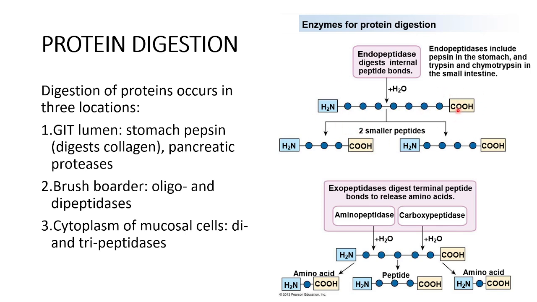That's why they are called aminopeptidases or carboxypeptidases, depending on from which end they break the peptide bonds. As a result, amino acids and di- and tripeptides are formed.